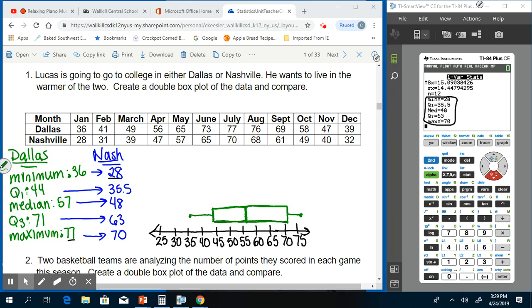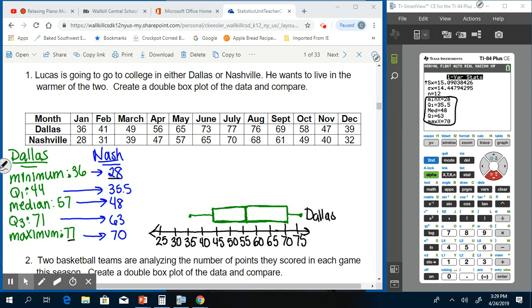It's not that there's more, it's just that they're closer together because each part represents 25%. So this is 25%, this is 25%, this is 25%, and this is 25%. It's just the spread of the data inside each of those intervals. Okay, and I'm going to label that Dallas.